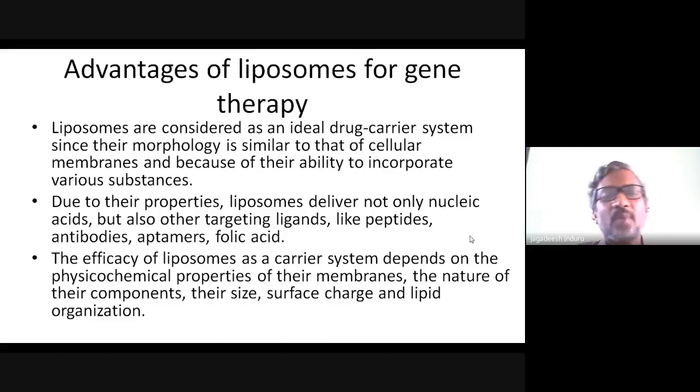Due to their properties, liposomes deliver not only nucleic acids, where of course we have a specific concern to target the nucleus, but also other target ligands like peptides and proteins, that is antibodies, and aptamers. Aptamers are nucleic acids that have nothing to do with transcription and translation.